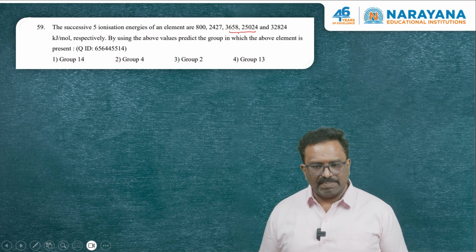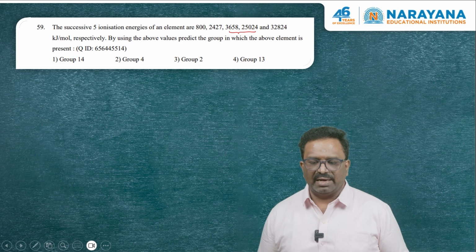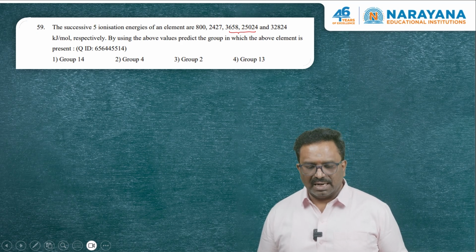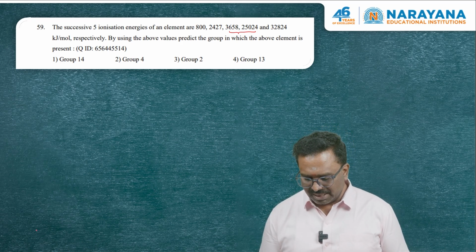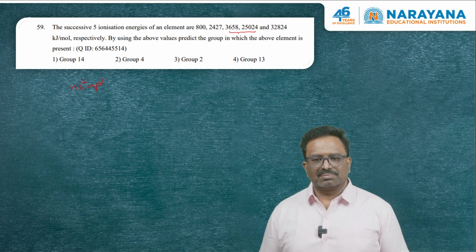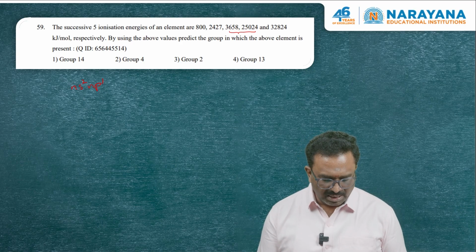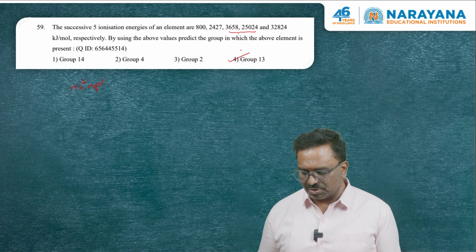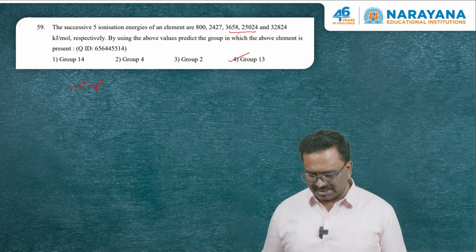When a larger jump happens, that indicates removal of 3 electrons is easier, but fourth electron removal requires a very large amount of energy. That means 3 electrons are present with relatively less attraction. This is possible when the configuration is ns2 np1. That means 13th group elements have such an ns2 np1 configuration. So the fourth one is the more appropriate answer for this given.